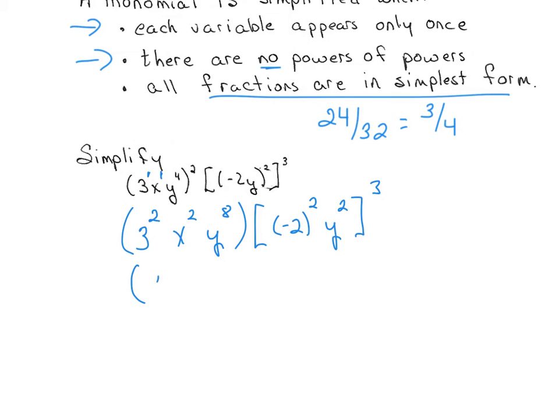I'm going to go ahead and change this to a 9. 9x squared, y to the 8th, times, what's -2 squared? 4, and I'm going to multiply 3 times 1, which is 3, and y to the 6th.